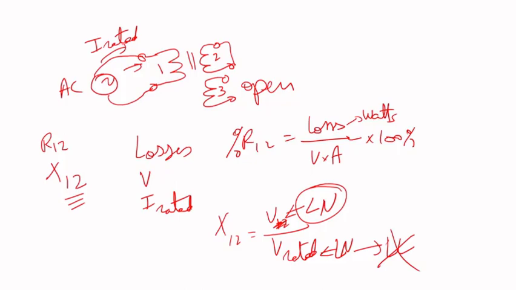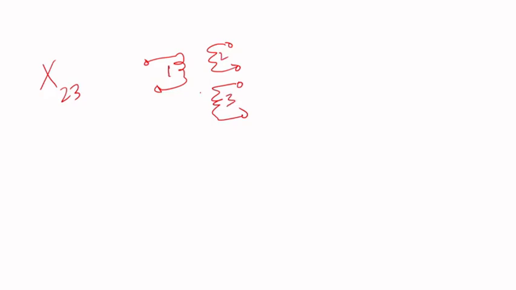Then kind of the same thing, if you want to measure x2 to 3, basically the principle is the same. So if we call this winding 1, 2, 3, again I'm just showing one phase per side just for simplicity. So 2, 3, so that means I'm going to short 3.